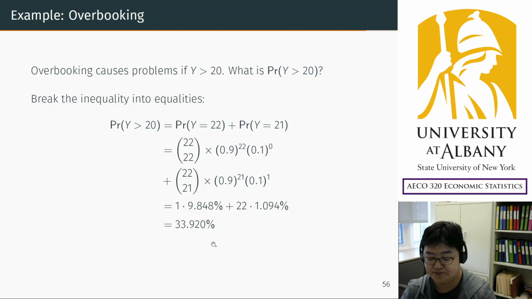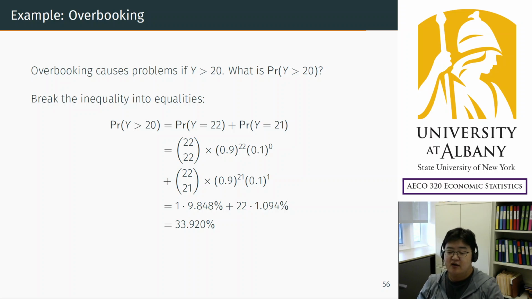So, in this example, what I wanted to tell you is how to find the parameters. You have to be careful when you choose the parameters. Once you choose the parameters, then it's pretty mechanical and straightforward. You know how to calculate the mean, the variance, and the probability.